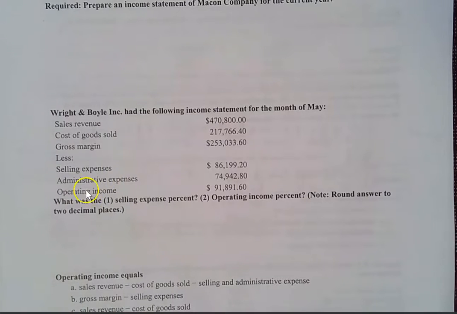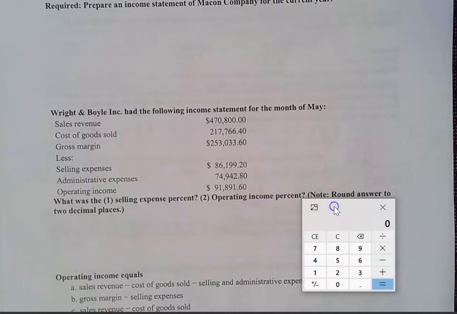Basically, what it says here, they've got all of these figures here, and they want to know what was selling expense percent, operating income percentage. They could ask us for a whole host of things here. I just want you to understand what it is we're doing.